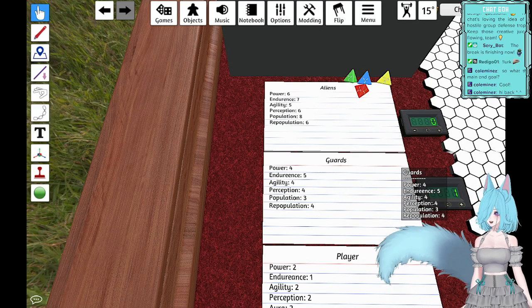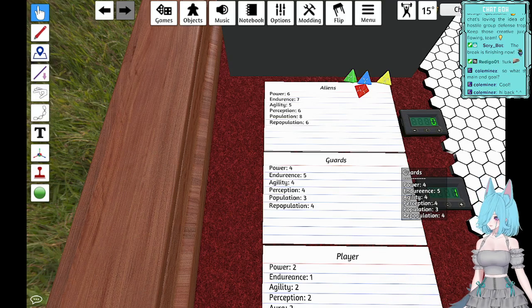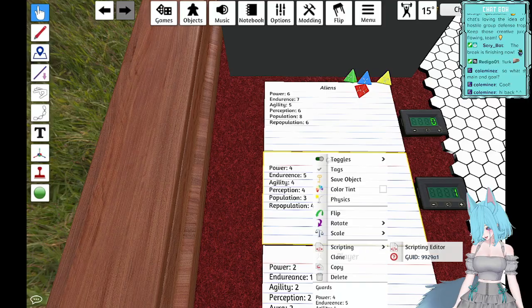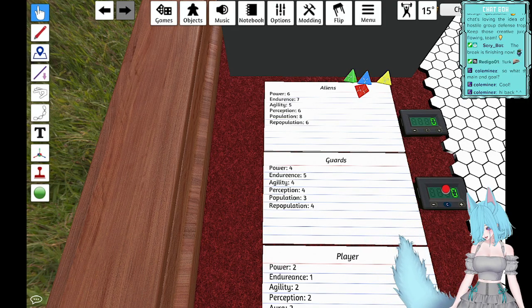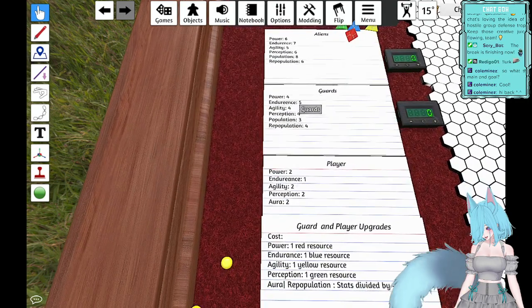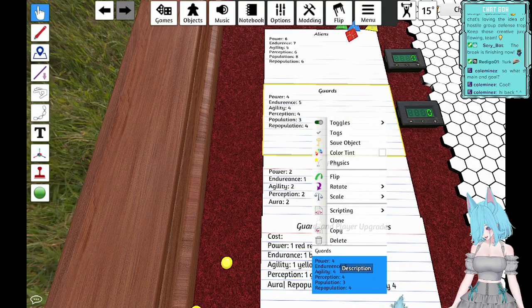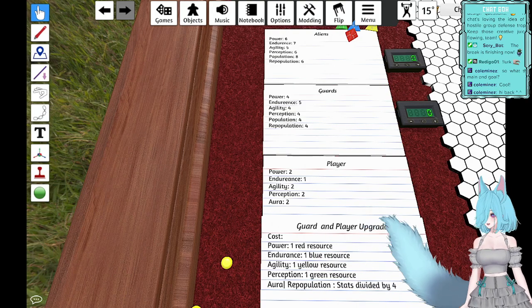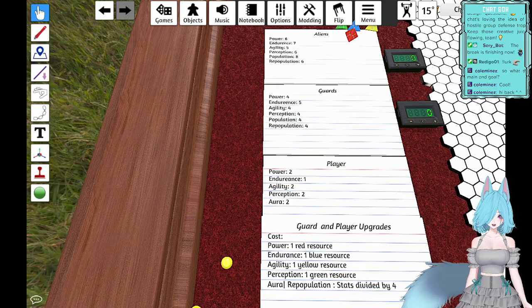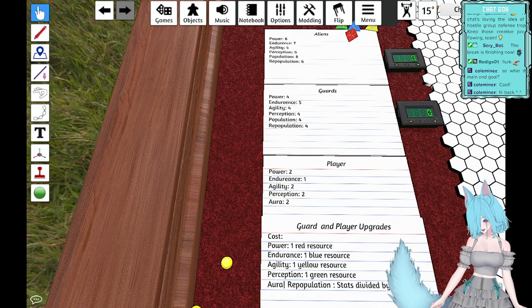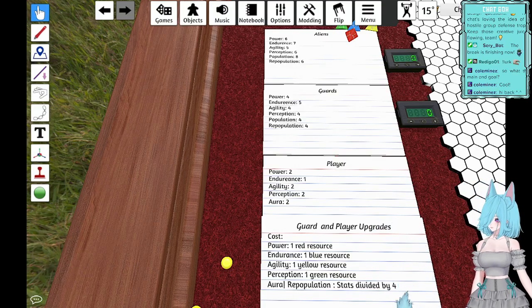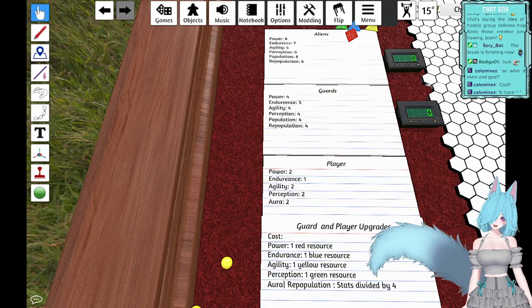We're dealing with 8 aliens right now, and we only have 4 guards because we were not able to build another house. That said, even if all guards die right now, they're gonna be back for the next fight. So that is something we have to keep in mind.